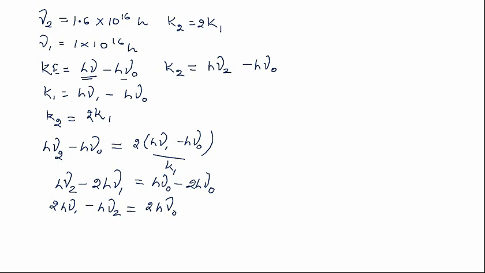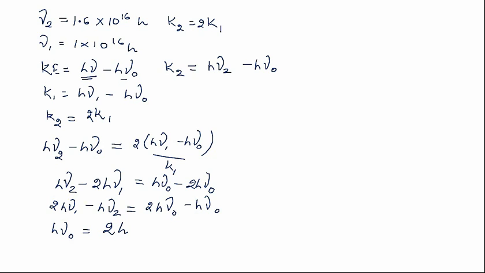Conversely, 2h nu1 minus h nu2 is equal to 2h nu naught minus h nu naught, or h nu naught is equal to 2 multiplied by your h value.